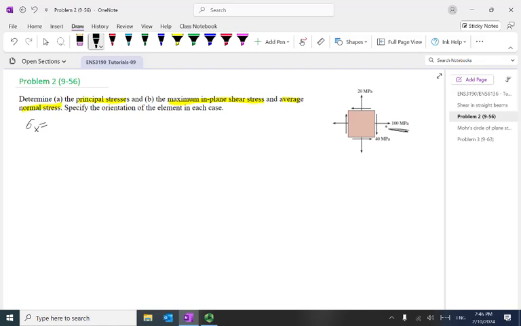100 tension. So 100 megapascal. Sigma y, how much? 20, positive. Why positive? In tension. So 20 megapascals. How about the tau xy? 40 megapascal.